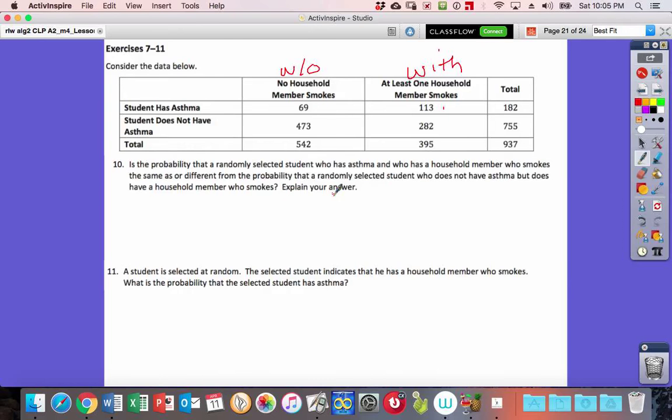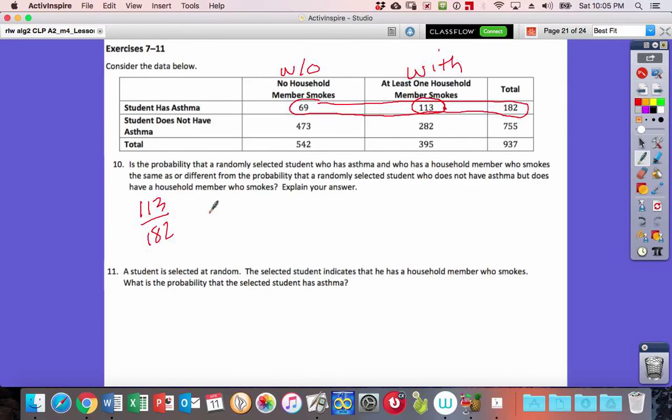Let's do the probabilities. I would say, okay, if I have a randomly selected student who has asthma, there's everybody who has asthma, okay, who has a household member who smokes. That would be that one right there. Okay, so that's 113 over 182.